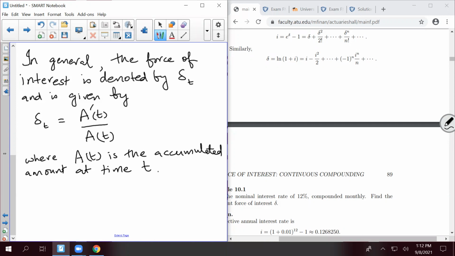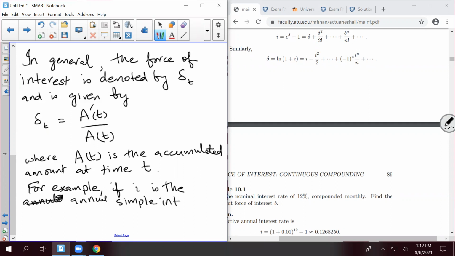So for example, if I is the annual simple interest rate, then what is A?